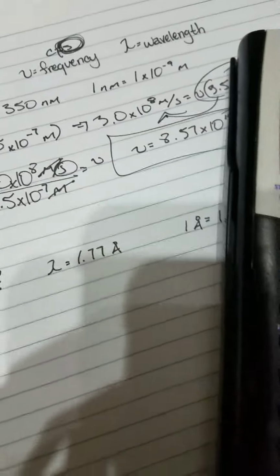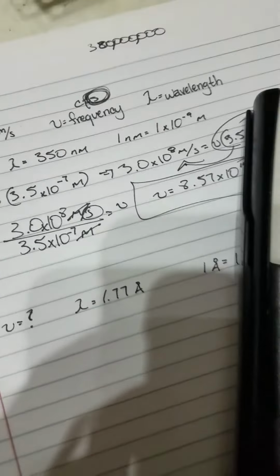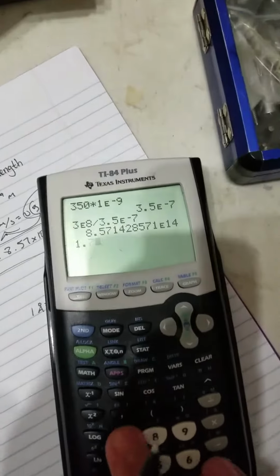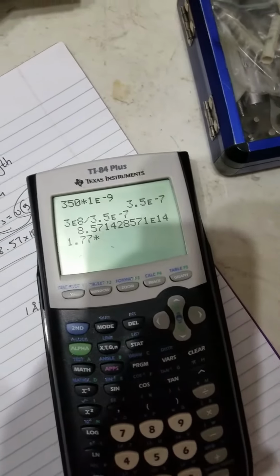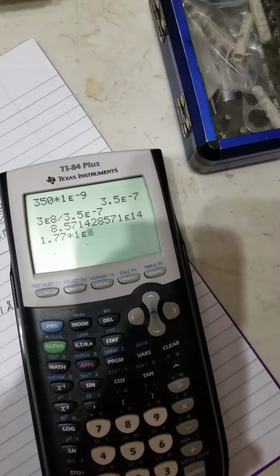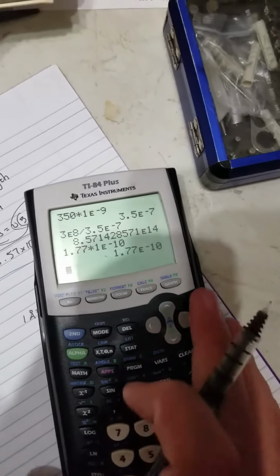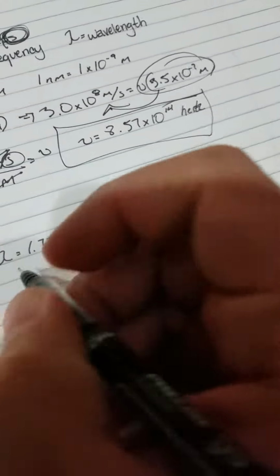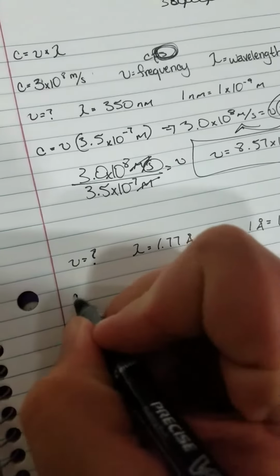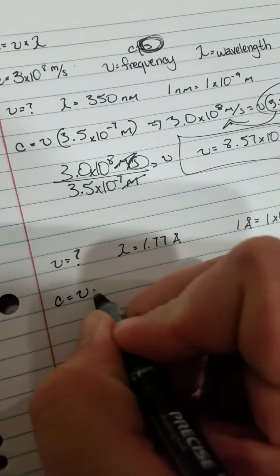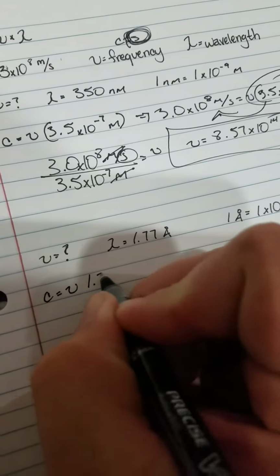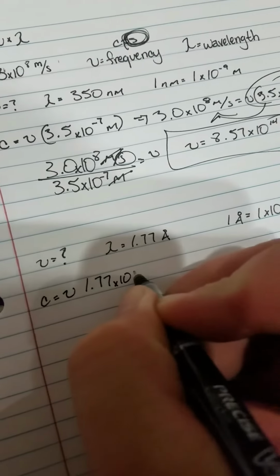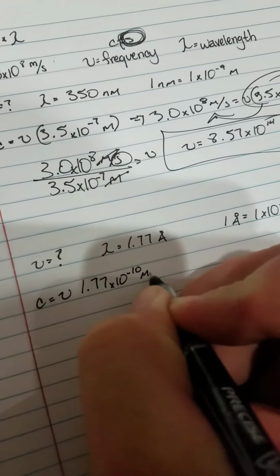So it's 1.77 times 1 times 10 to the negative 10, and that gives you 1.77 times 10 to the negative 10. Very simple. So C equals frequency times 1.77 times 10 to the negative 10 meters.